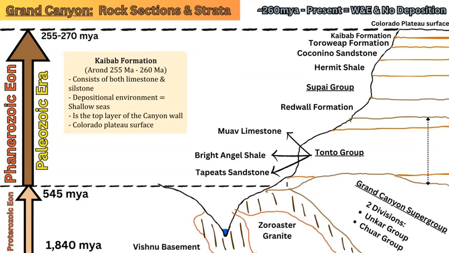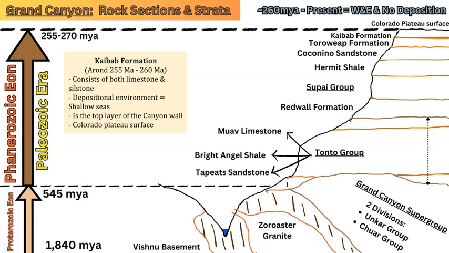And last but not least, the Kaibab Formation, which is a large extent of the Colorado Plateau, and in this case for the Grand Canyon represents the top layer of rock which you would stand on if you're looking into the canyon itself from the north or south rim.